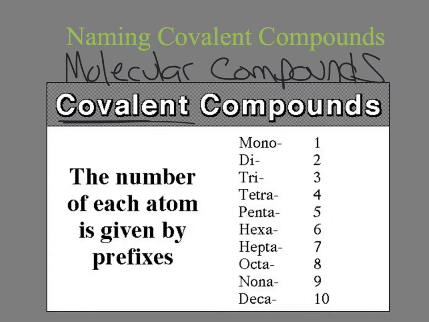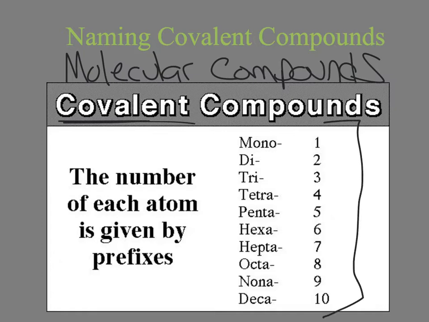There's no charges to look up. So when we approach this naming system, it's really a language. It's a linguistic skill. And the first thing that you need to be able to do is count to 10 in chemistry. And this is how we count to 10 in chemistry.